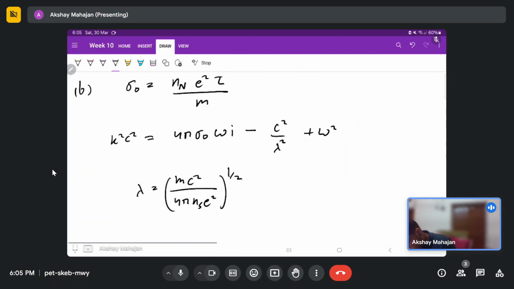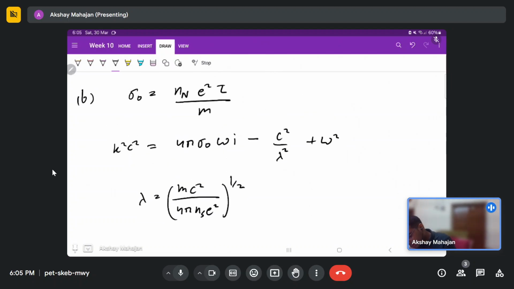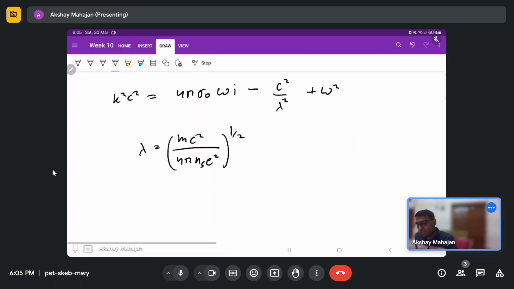So the contribution of the normal electrons is coming only from σ₀. If this term is negligible compared to this term, then we can say that there is no contribution of these normal electrons, and we can define the motion of the electrons by the London equation only.